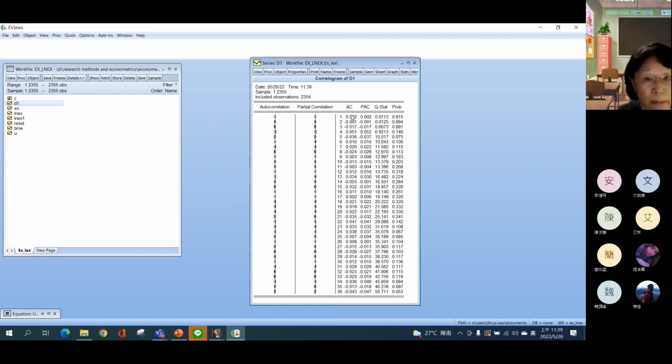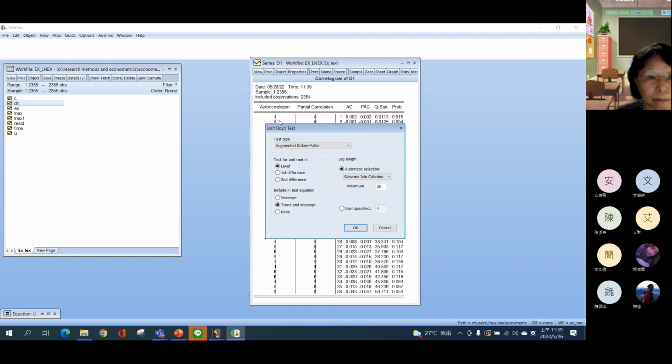Then, if I use the unit root test, well, this is the first difference.